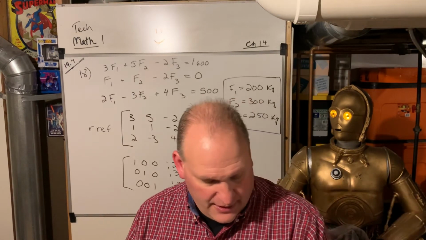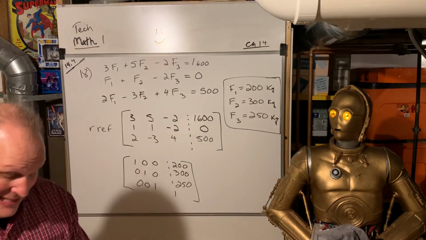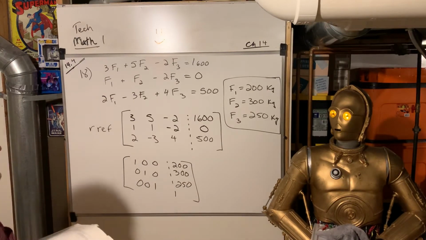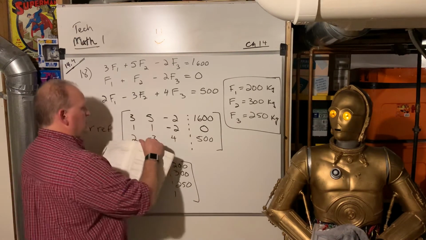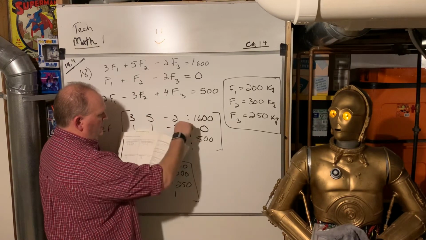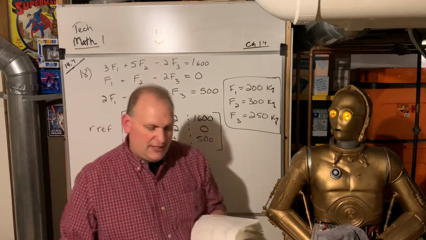And then 14.6 is third order determinants. Remember we did those 2x2 determinants when it was just a 2x2 matrix. We multiplied diagonally down and wrote it down, multiplied diagonally up and wrote it down, and subtracted those two. That was the determinant.